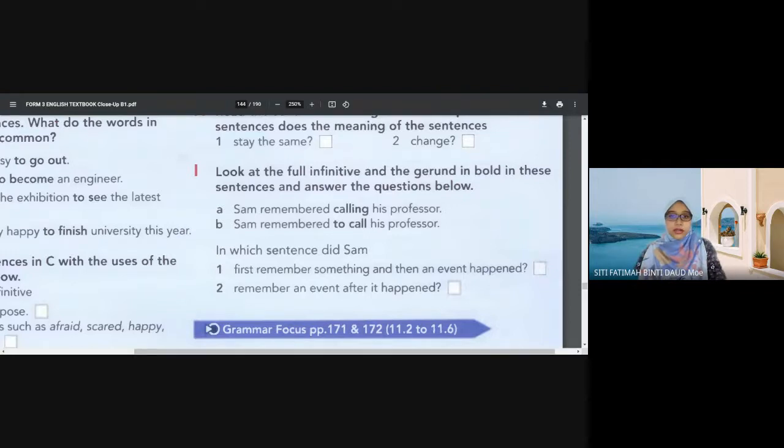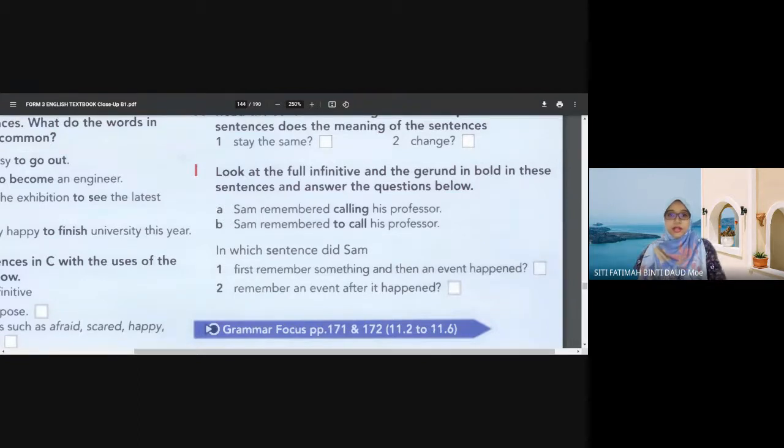Okay, so he remembered something and then something happened, or remember an event after it happened. So which one for number one? What do you think? A or B? Number one. Remember something and then an event happened.